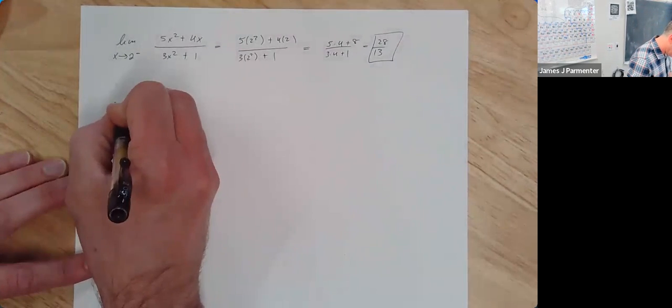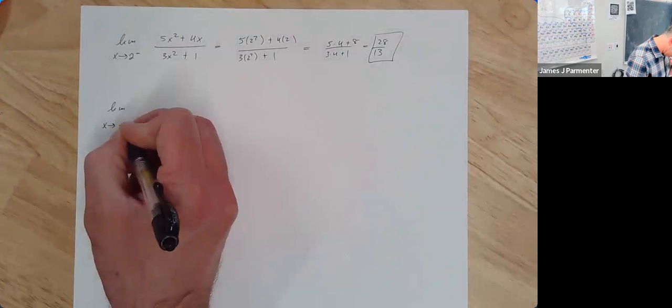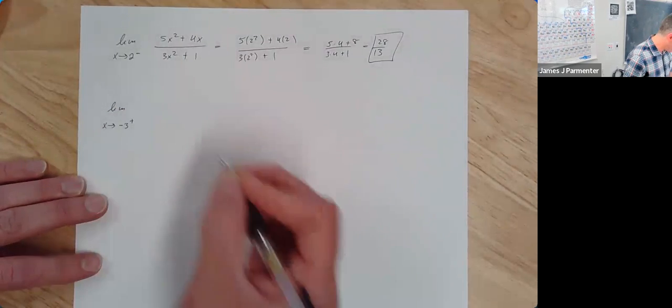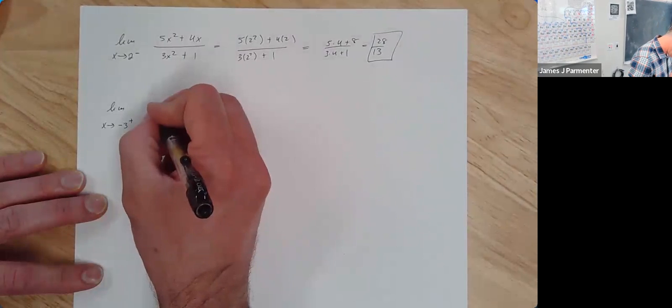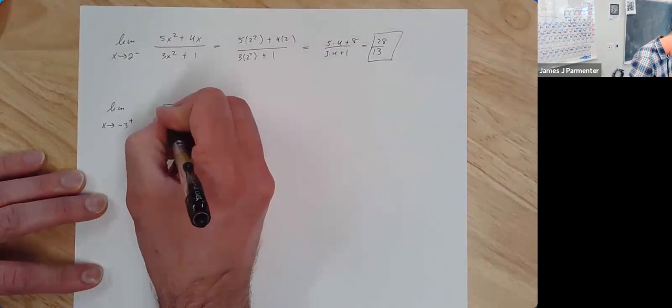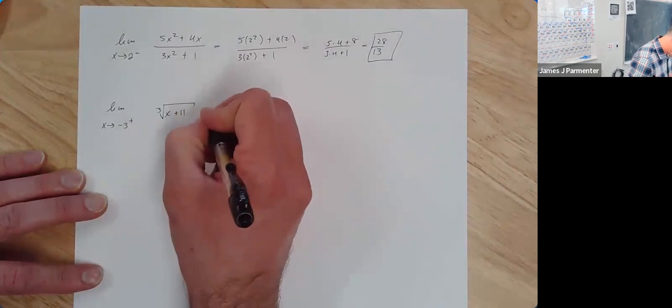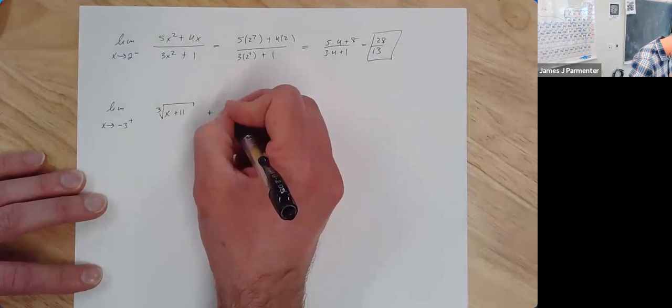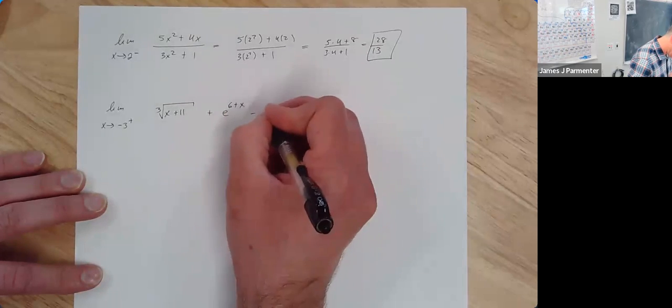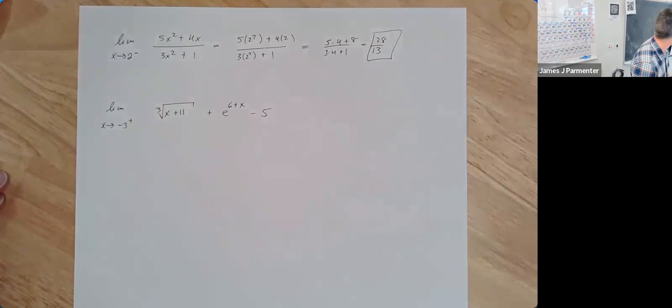Let's say the limit as x approaches -3 from the right of the cube root of x plus 11 plus e to the 6 plus x minus 5. Well, again, I'm just going to try and plug it in and see what happens.